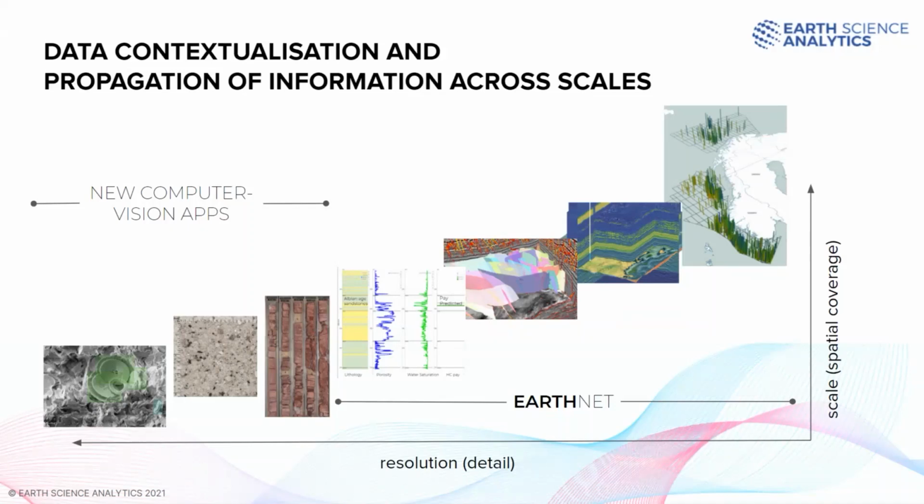So it's basically computer vision applications. And we have been optimizing this computer vision technology specifically for cuttings data. But it's also useful for any other types of image data, be it traditional core images or microscope imagery.